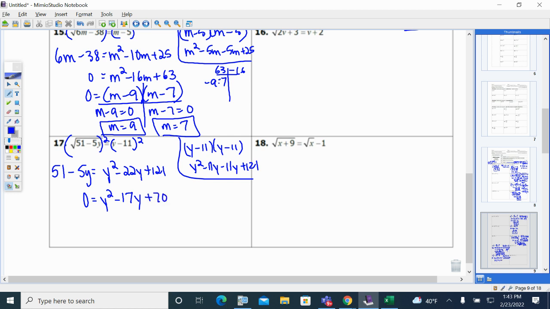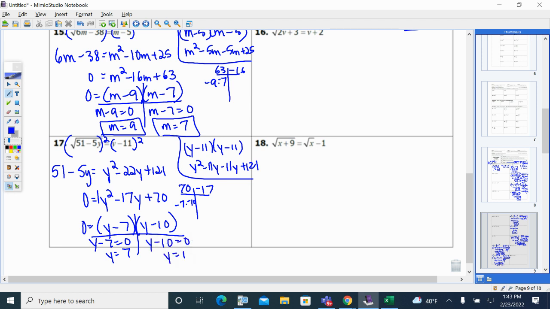So then I need two numbers that multiply to give me a positive 70 and add to give you a negative 17, which would be a negative 7 times negative 10. And again, the leading coefficient here is 1, so I'm just going to factor into y minus 7 and y minus 10. Solve, and we get y equals 7, and we get y equals 10.